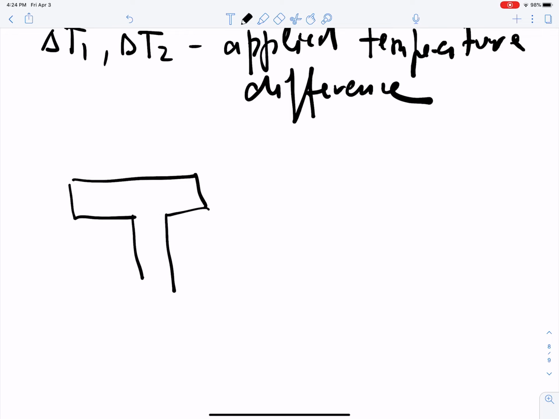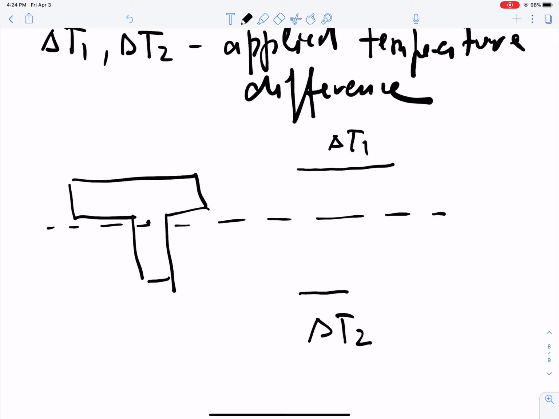We'll have the T-beam like this. We assume that the top is exposed to delta T1. The bottom is exposed to delta T2. I'm writing delta T2 less than delta T1, but it doesn't have to be that way. Delta T2 could be larger. But the key is that we're going to assume a linear distribution of the temperature.